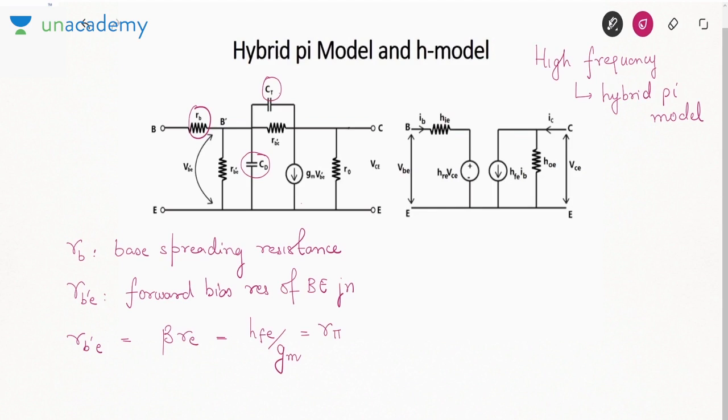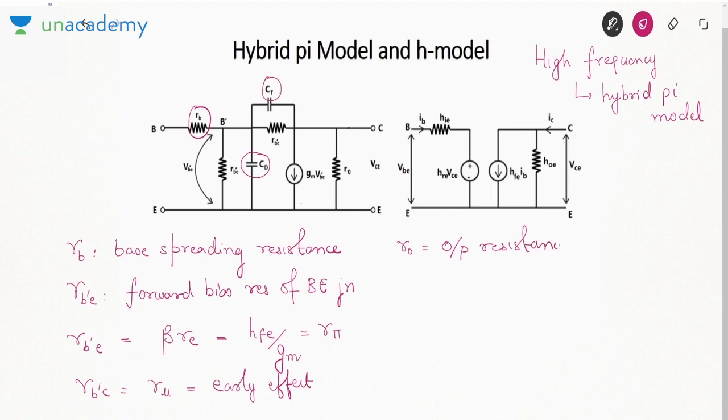Okay, that is your RE basically. Now this RB dash C, this was R mu. It represented the early effect. Okay, RB dash C is nothing but R mu. R naught, it was the output resistance.